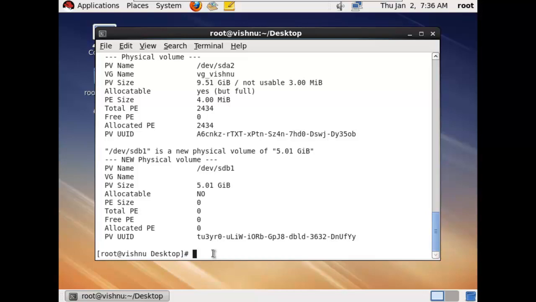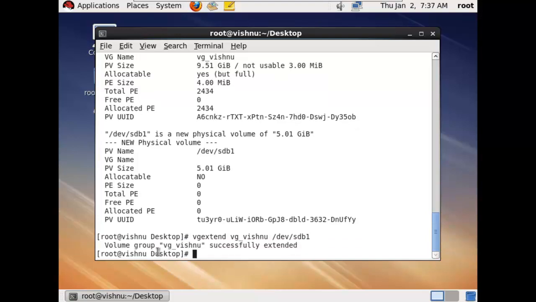So in order to include this PV into the old existing VG, we have to use vgextend, and then the name of the volume group which is already existing on Linux. So the name of my default volume group is VG_Vishnu, and here you will write the name of the PV that you are going to add. So for that I will write SDB1 and press enter.